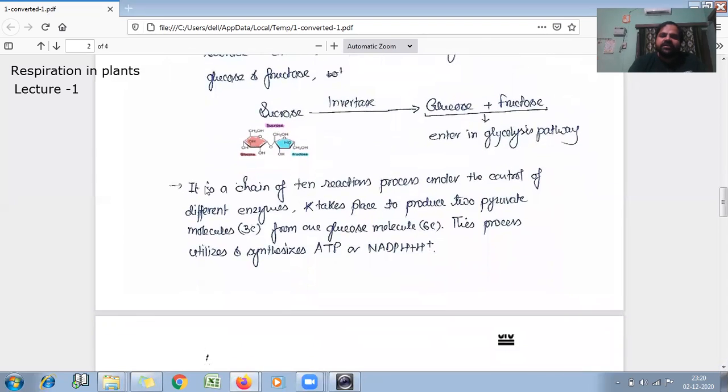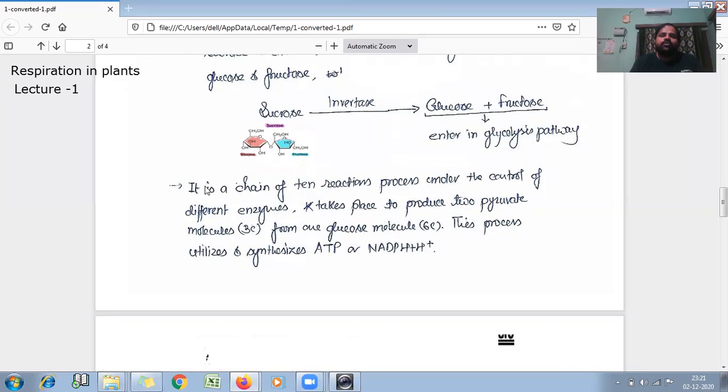If we want to describe glycolysis in a definition form, then we can say that it is a chain of 10 reactions under the control of different enzymes that takes place to produce two pyruvic acid molecules, each of 3 carbons, from one glucose molecule, which is a 6 carbon molecule.